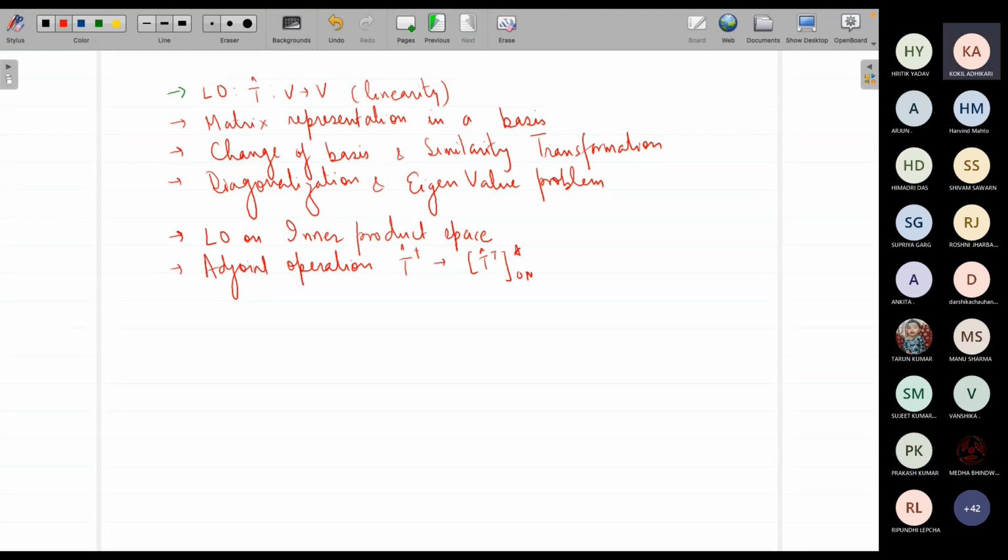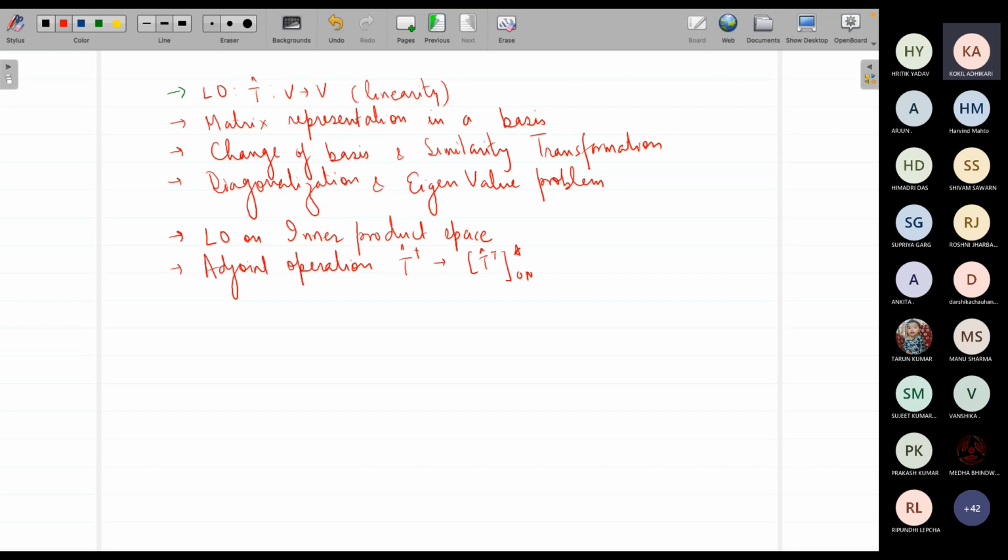So let me just summarize what we have been doing. I will give you a concept quickly, but then I will solve the numerical, which I mentioned I would rather emphasize for my extra classes. We discussed the linear operators. Remember, the reason for coming up with linear operators is to have a physical measurement in quantum mechanics. We then did the matrix representation of the linear operator in a basis.